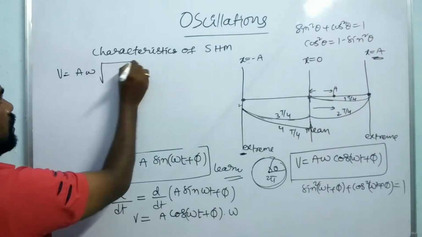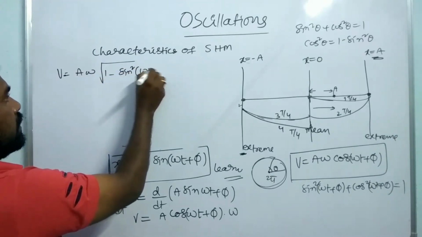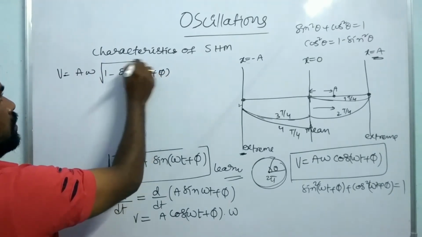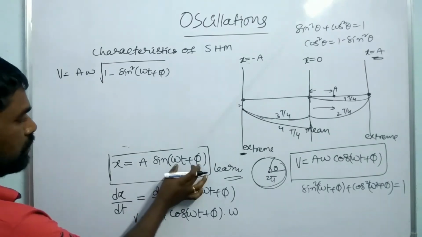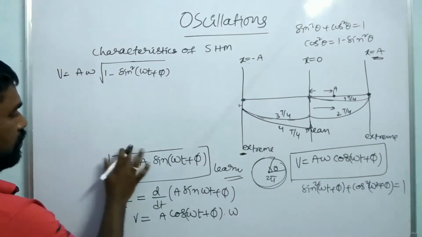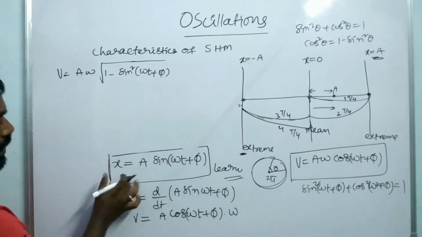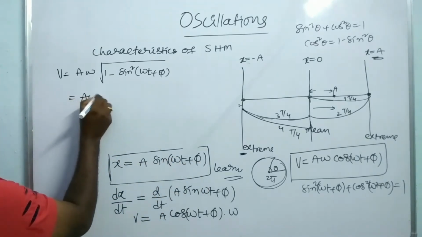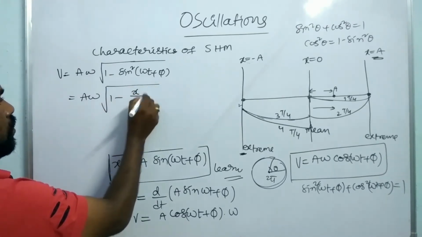So it is the square root of 1 minus sin square(omega t plus phi). From this we know that sin(omega t plus phi) is equal to x by A. So then v is A omega times the square root of 1 minus (x by A) whole square.